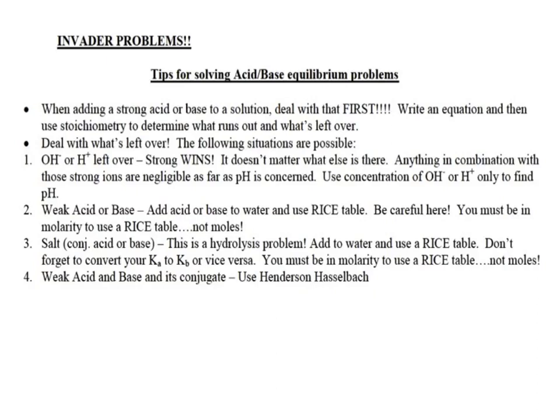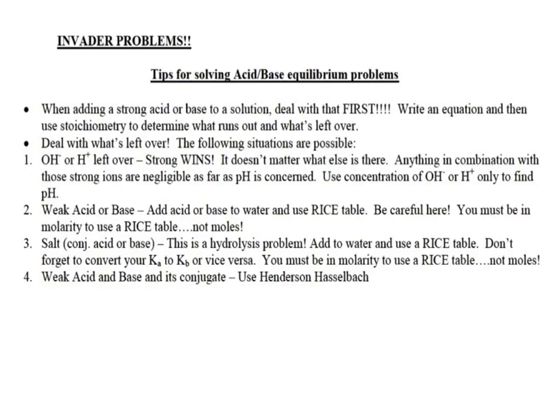That strong won the war, and that's going to determine the pH of the system. If what's left standing is a weak acid or a weak base, then we always have to add those to a Rice table to find our H3O plus or OH minus concentration.